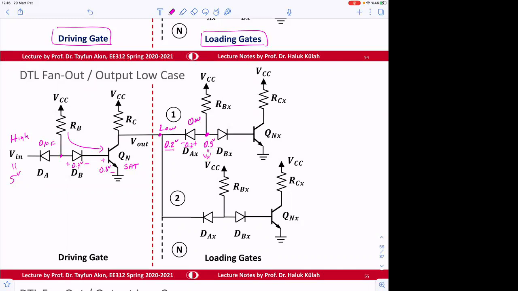So if that one is 0.9 volt, this is going to be off, and this is going to be off, so that output can be VCC or high. Okay, so input is low, so this becomes high. Is that clear?